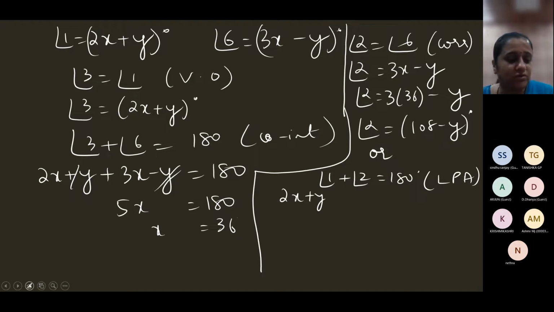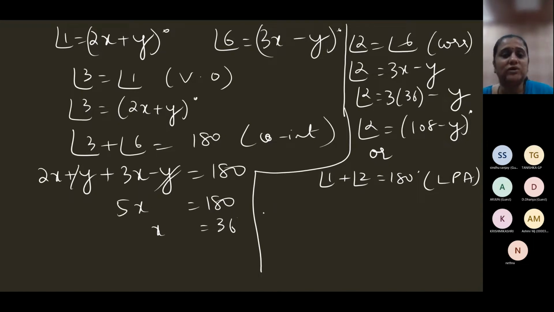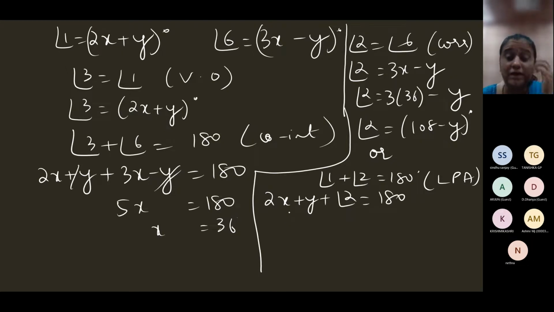Angle 1 is equal to what? 2x plus y. Plus angle 2, because you'll have to find angle 2. So 2x plus y plus angle 2 is equal to 180.